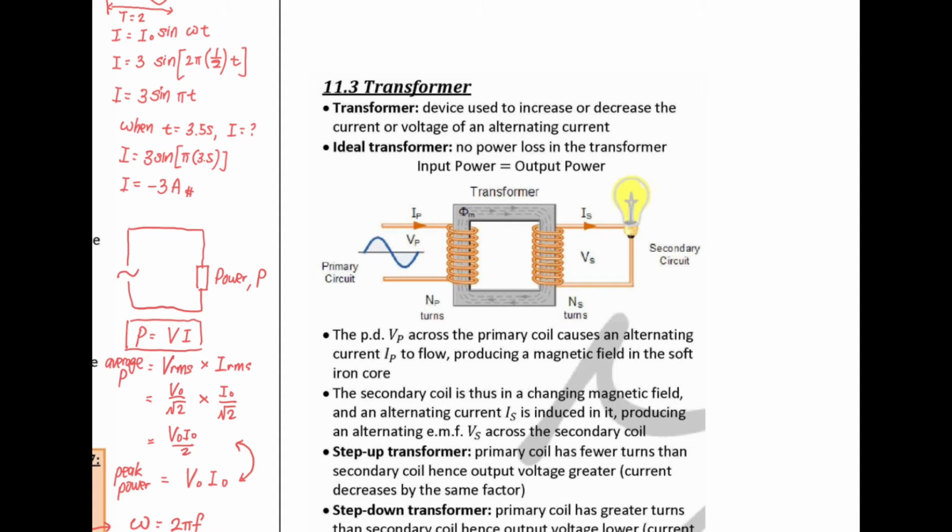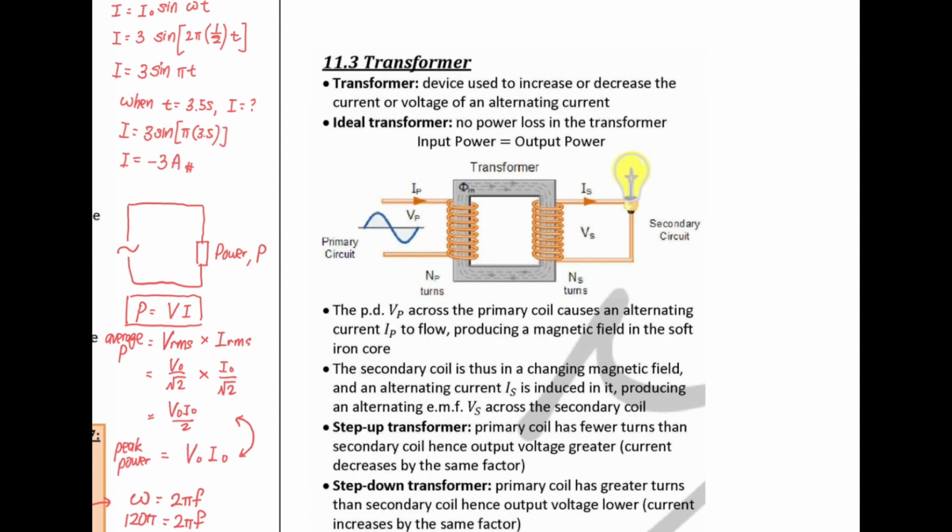Okay, we have the next subtopic, and let's go through it first. 11.3, transformer. The first point: a device used to increase or decrease the current or voltage of an alternating current.